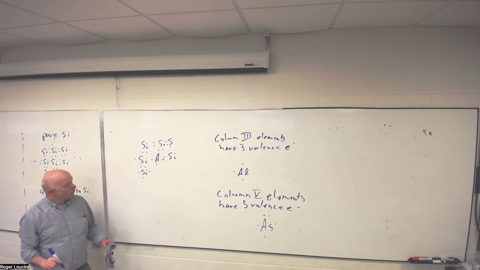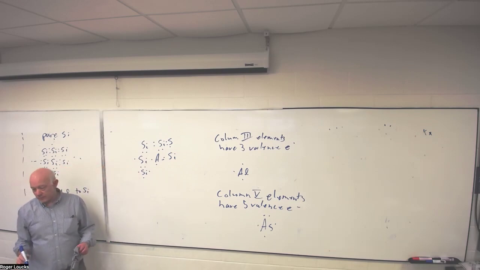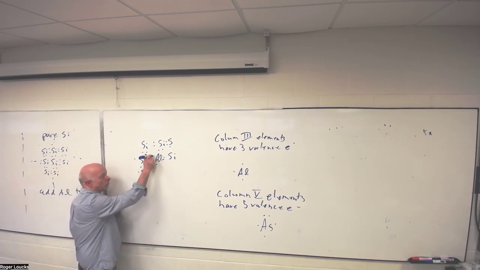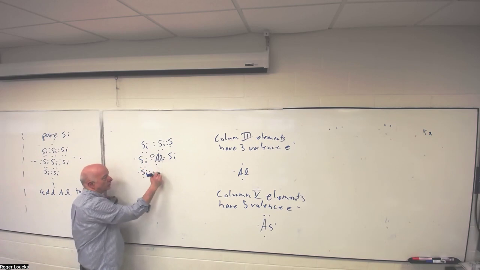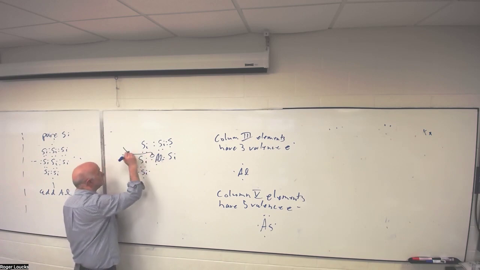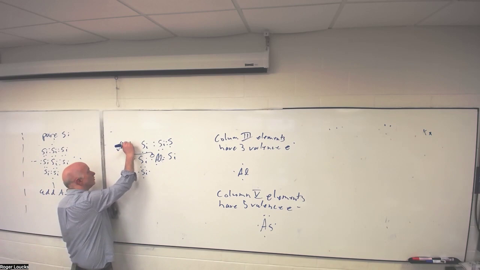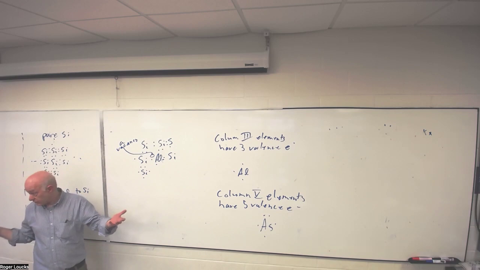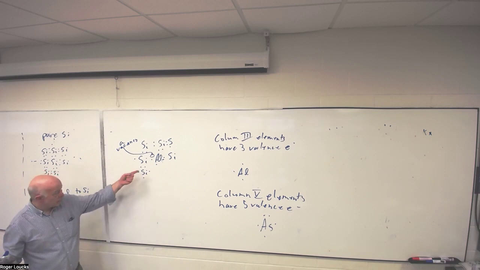Okay. So already there, what did you see happening? Well, what happens here is that you actually have a vacancy. That's going to be a vacancy because there's only 3 valence electrons, when you can actually have 4 there.